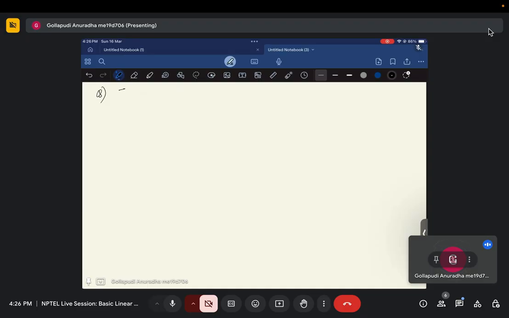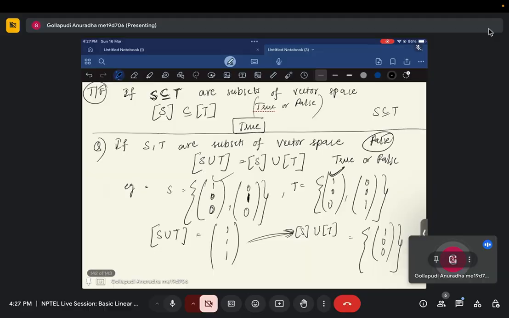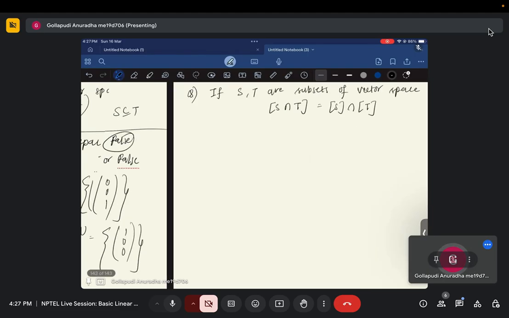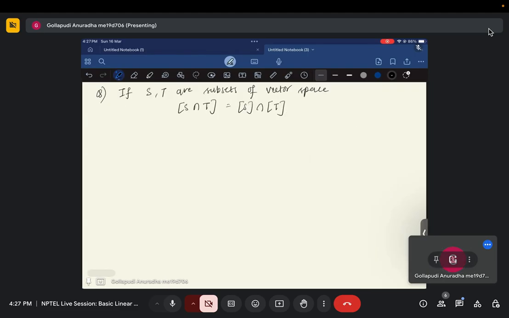Okay, so if S, T are subsets of a vector space, this will be true definitely if one is a subset of the other. If either this condition is there, then this is going to be true, else it's not. So is this true or false?